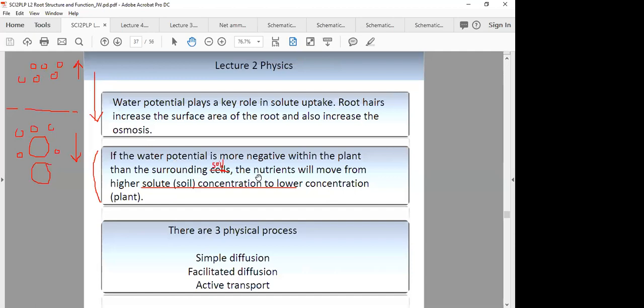It's very confusing. It is confusing because this statement is referring to the water potential being more negative in the plant. So what does that mean? If it's more negative, then there's less solutes within the plant. There's less solutes in the plant, more solutes outside in the soil.